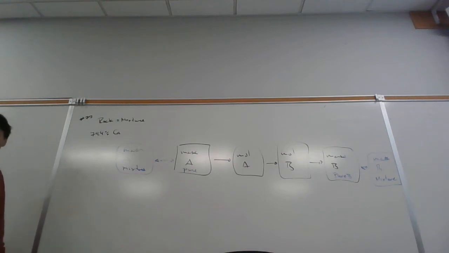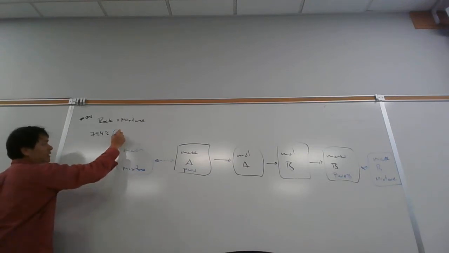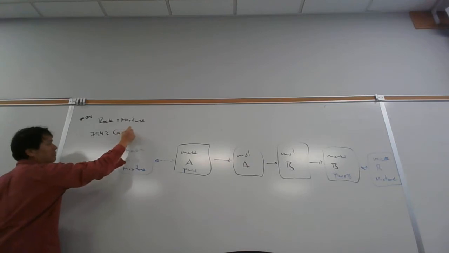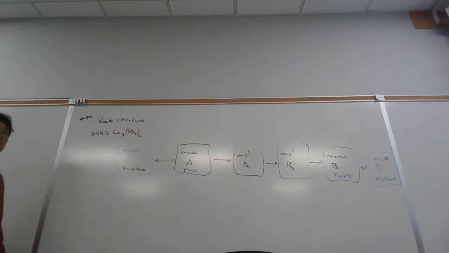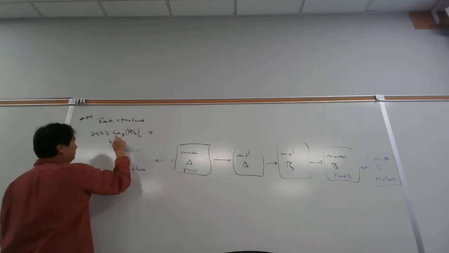What's the charge on phosphate? -3. So the charge on calcium is 2, giving Ca3(PO4)2. What this means is this is by mass.